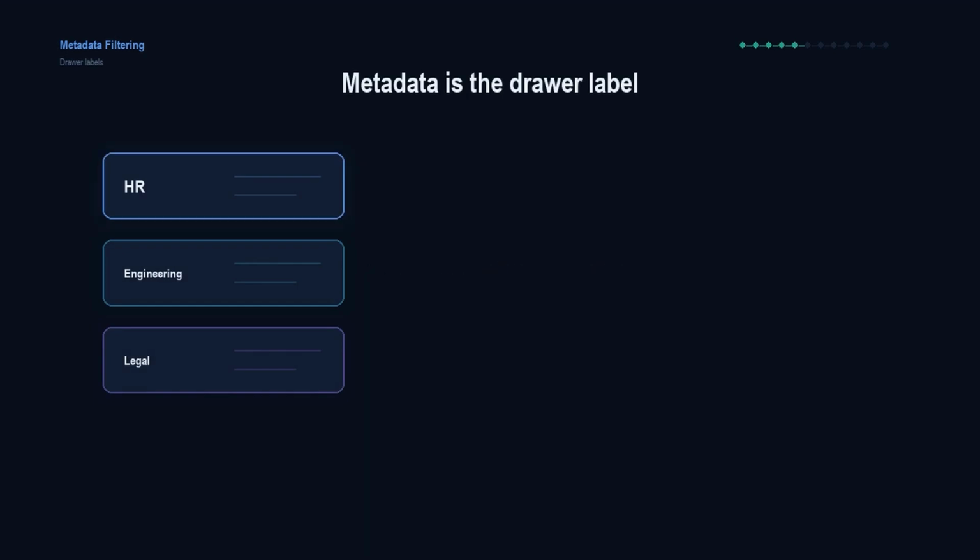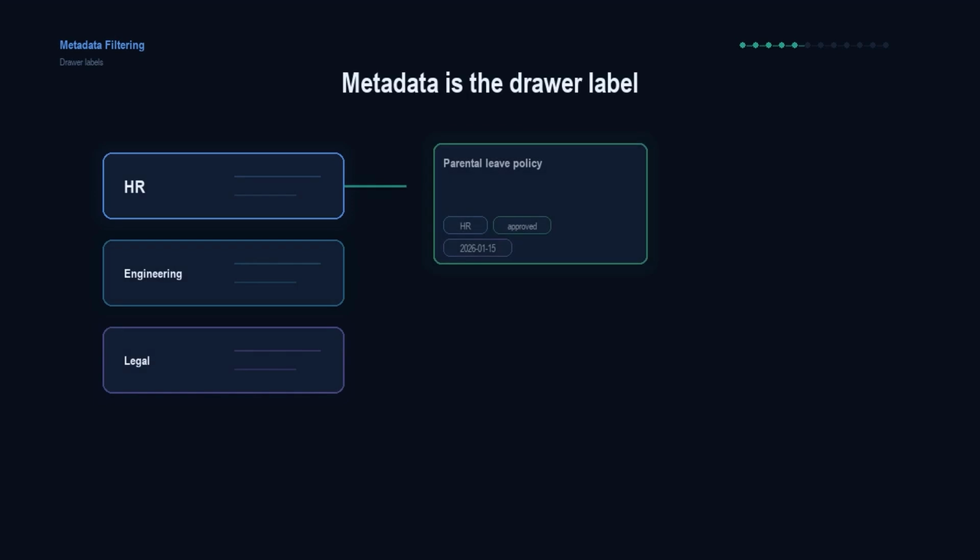Metadata is just structured information about a document, sitting alongside the actual text. Think of it like the label on a filing cabinet drawer. It doesn't tell you what's inside the folder, but it tells you which drawer to even open.